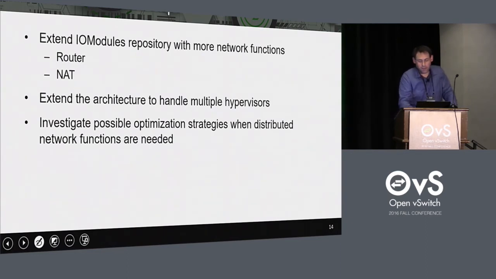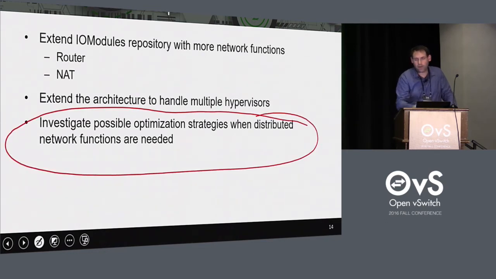And since we're coming from the university world, for us optimization is very important. When it comes to having the possibility to deploy a distributed network service across the data center, it's very important to know how to optimize that service, whether to create and where to create those instances of I/O modules. So that's very, very interesting for us. That's left for the future.